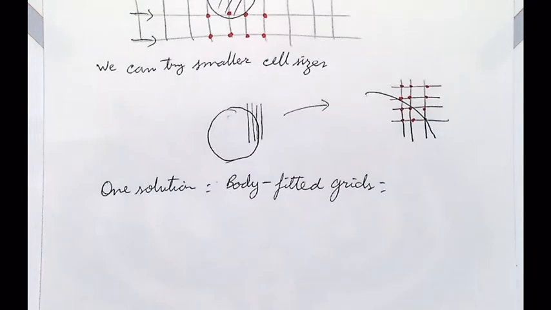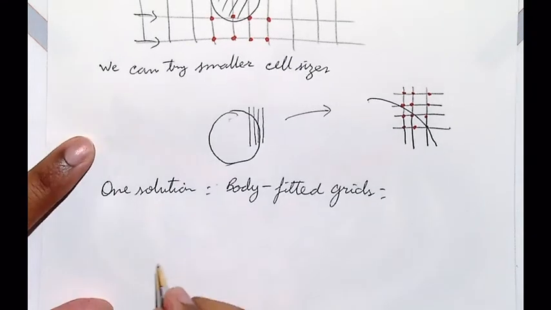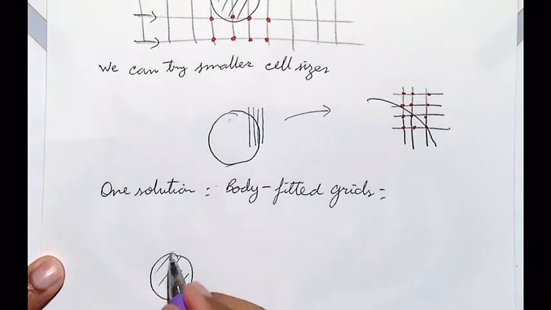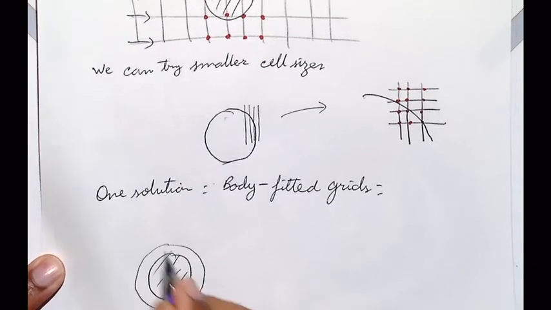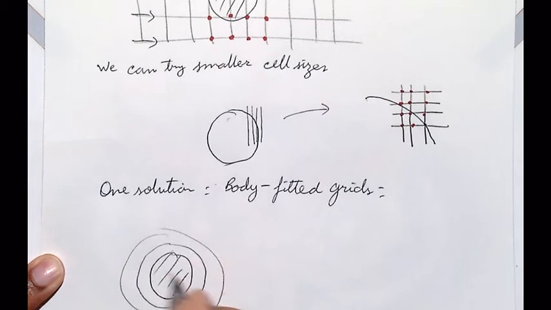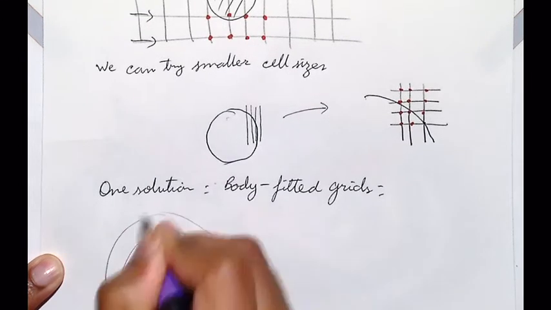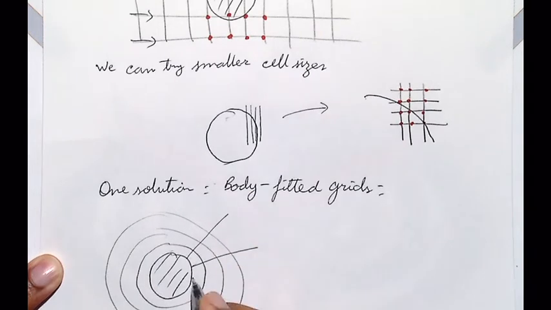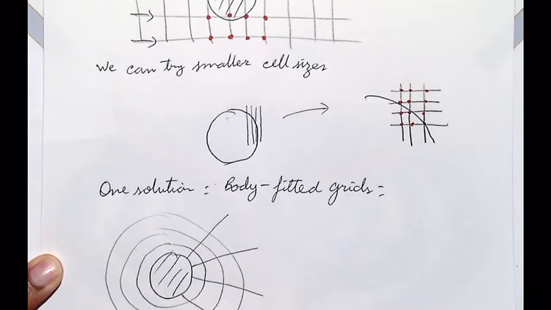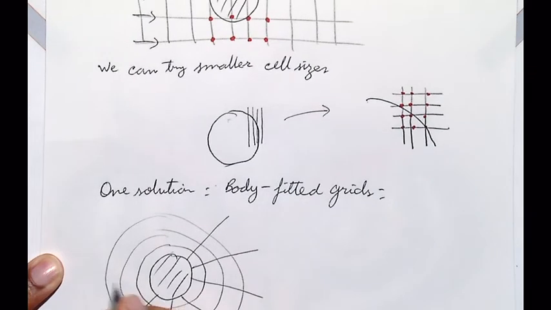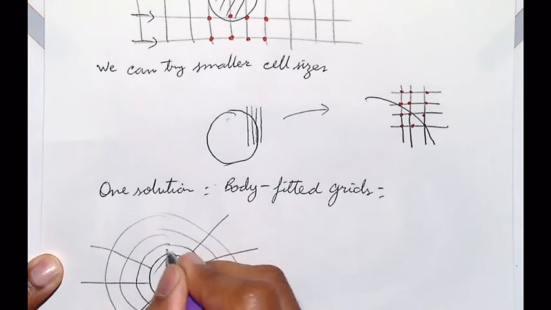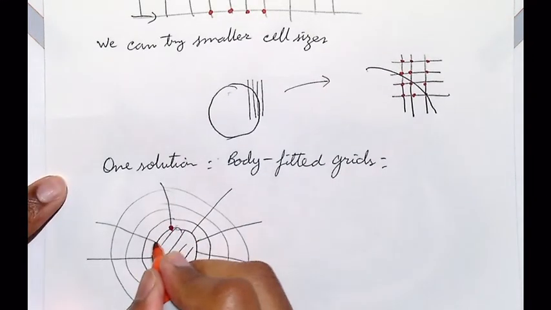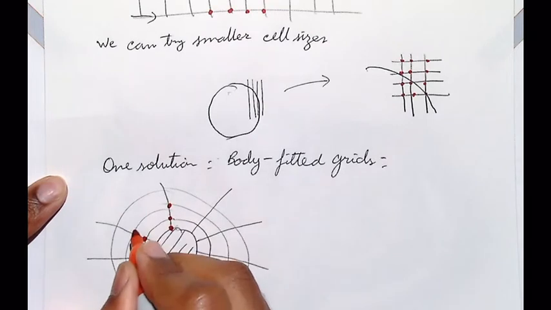If I have a circular object, I would create circles and then radii. And now my new grid points are these: there, there, there.